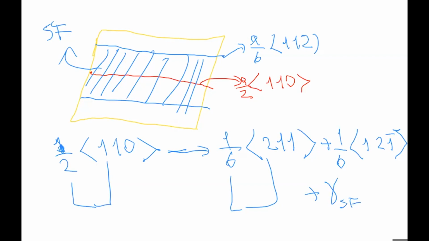So gamma is the stacking fault energy. So if this stacking fault energy is too high, this reaction cannot happen. But in FCC, the stacking fault energy is small. Then it is very favorable to happen.